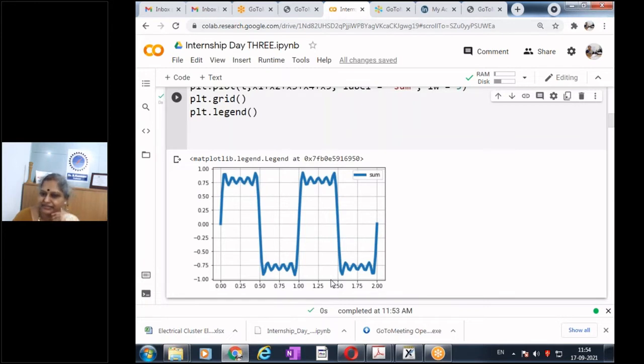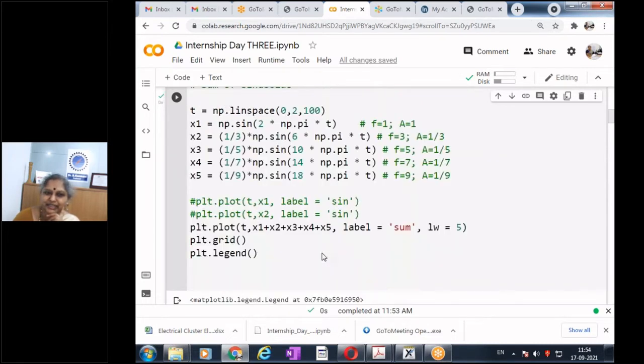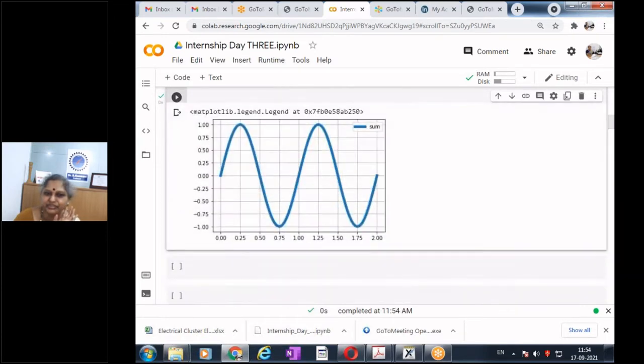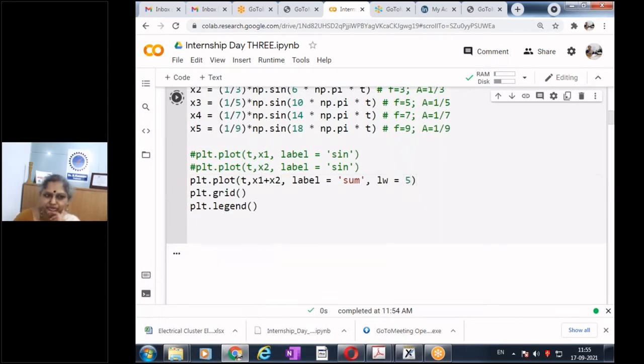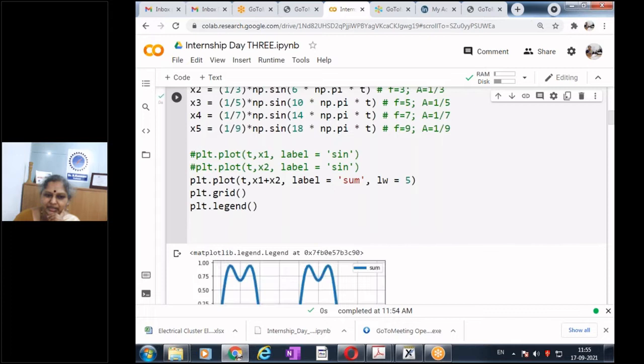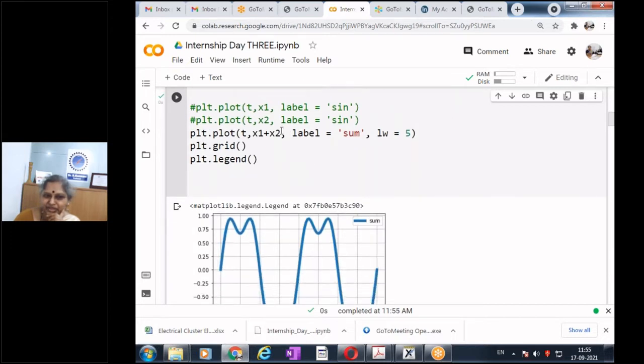I'm just adding. Let us just see. I run it with one term. This is what I got. Then I run it with, say, plus x2, and then this is what I got.